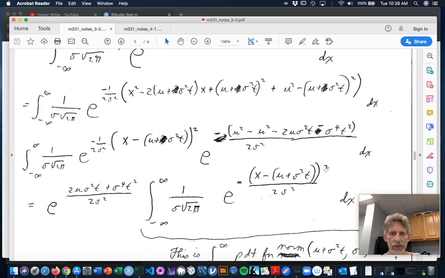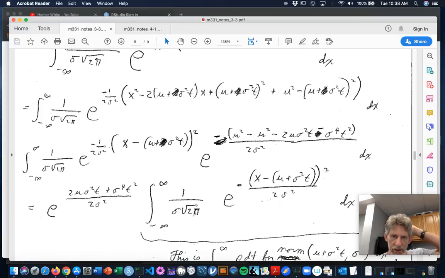Then, somewhat perversely, we're going to separate out again. This is a perfect square, and it's equal to just this difference squared. And so we've got this stuff, which we'll pull out as its own little power of e.